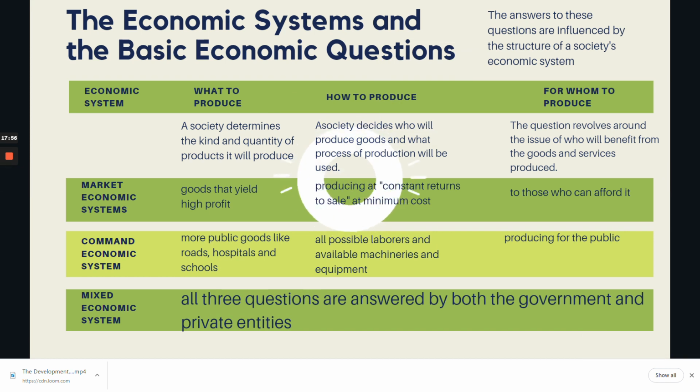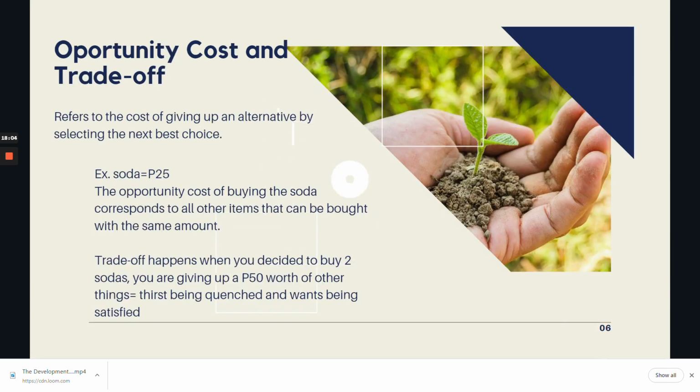So those are the three economic systems and the basic economic questions. Now let's discuss the opportunity cost and trade-off. Pag mingon tag opportunity cost and trade-off, one of the pervasive effects of scarcity or kanang kakulangan is the opportunity cost.